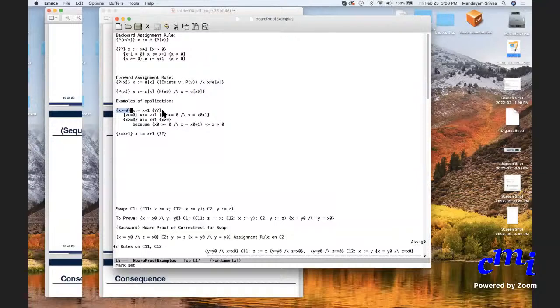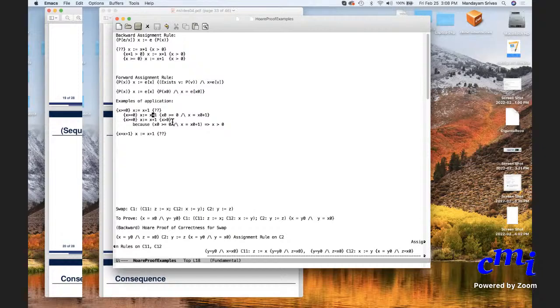And I'm going to be deriving the postcondition using the forward version of the assignment rule. So what that says is, now for P, what we have for P is x greater than or equal to 0. So I'm saying if x has some value x naught in the pre-state, then x naught has to be greater than or equal to 0, because that's what the precondition states. And the value of x in the post state is x naught plus 1.